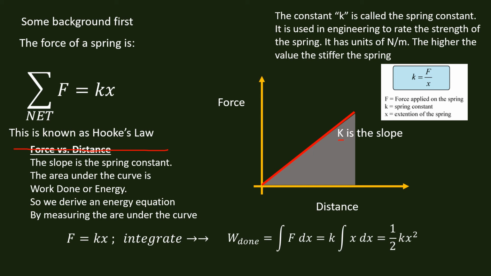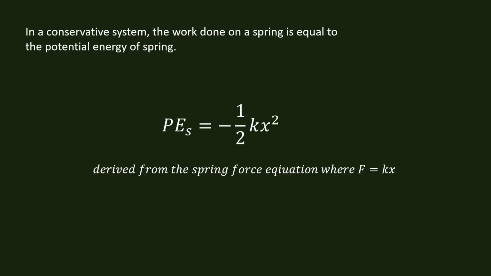Okay, so the work done is going to be our problem that we're going to solve. And when we do, we get this equation right here. So this is our energy equation for springs, specifically potential energy. So in a conservative system, the work done in a spring is equal to the potential energy of a spring.